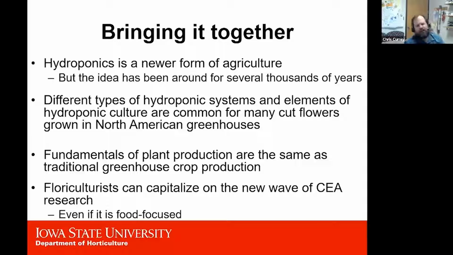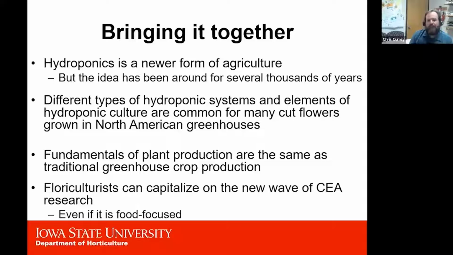Now, when we're thinking about how to grow hydroponic cut flowers, many of the fundamentals of plant production are going to be the same as traditional greenhouse crop production. The big difference is going to be thinking about how recirculating and recycled nutrient solutions are managed to maintain crop productivity.